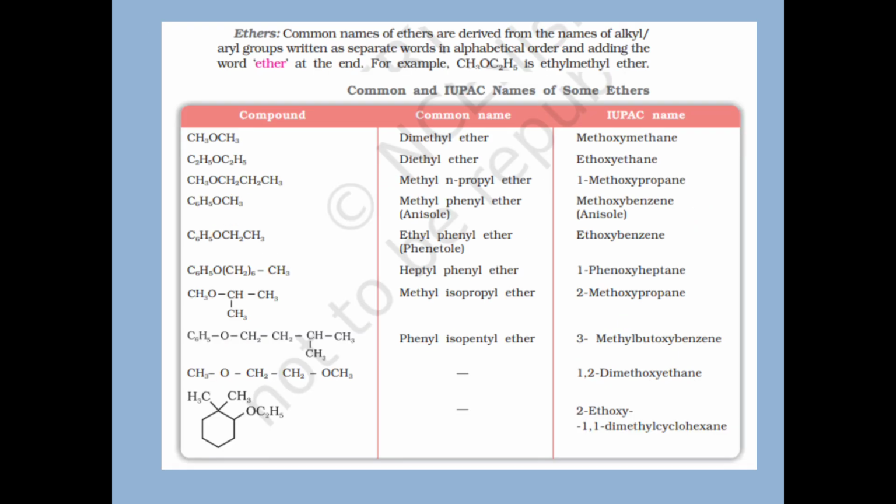Common names of ether derivatives: dimethyl ether, diethyl ether, methyl n-propyl ether. Next is methyl phenyl ether or anisole.